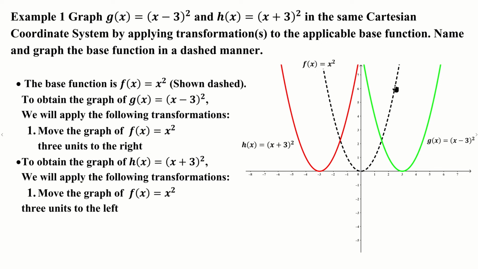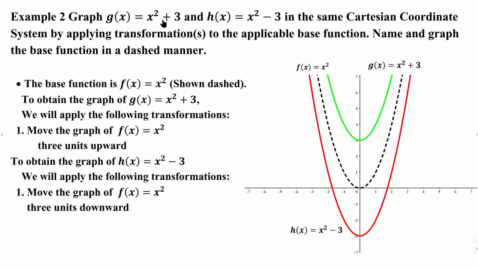Imagine this is made of a piece of wire. You're just picking it up and moving it 3 units to the right. To get the graph of quantity x plus 3 squared, we're going to take the graph of f of x equals x squared and just move it 3 units to the left. That's all we have to do.